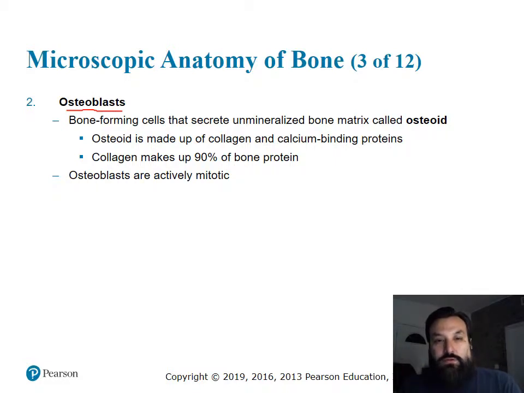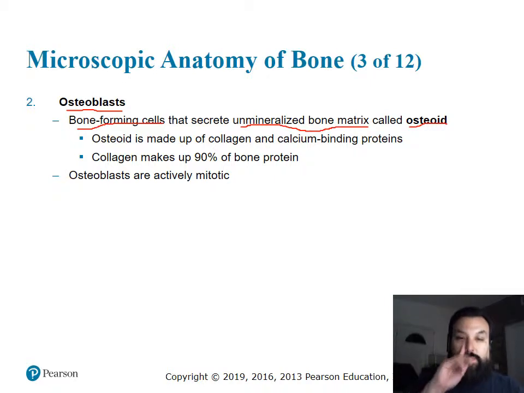Osteoblasts. When you think of blast, you think of making. Whenever you hear a blast, it's usually a forming cell. It's building something. In fact, osteoblasts are bone forming cells. They secrete this matrix that's unmineralized. Make sure that you keep an eye on that word, unmineralized. It does not have minerals to it. It's just the matrix, like concrete pouring on a foundation. We call that osteoid.